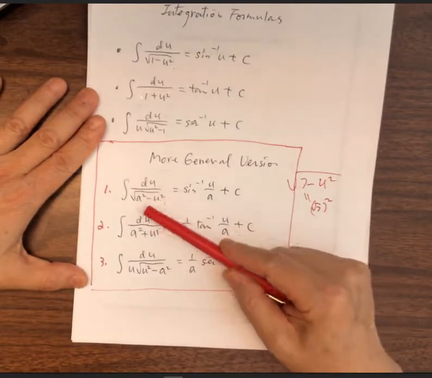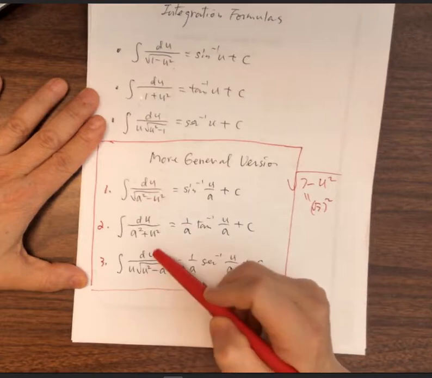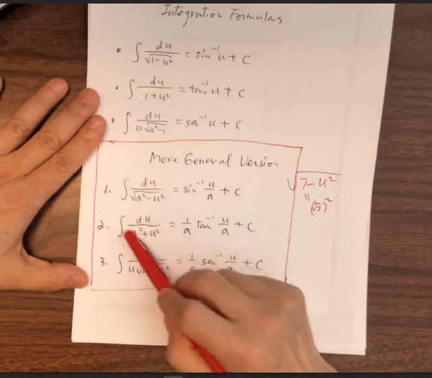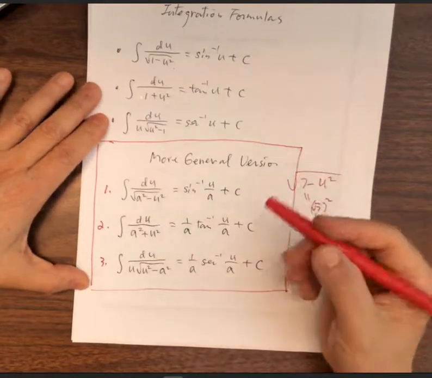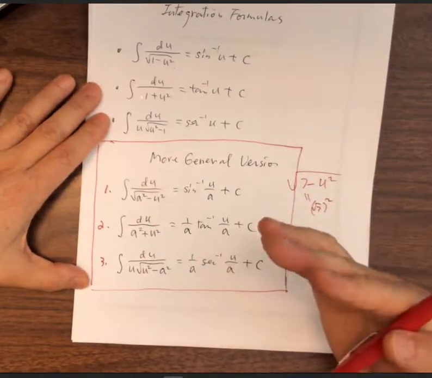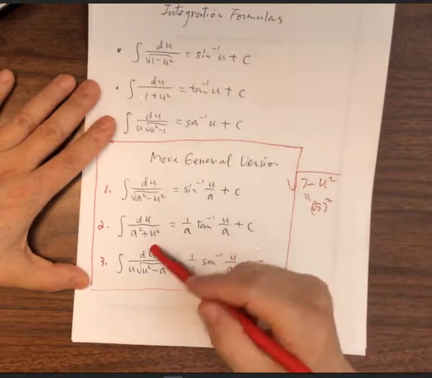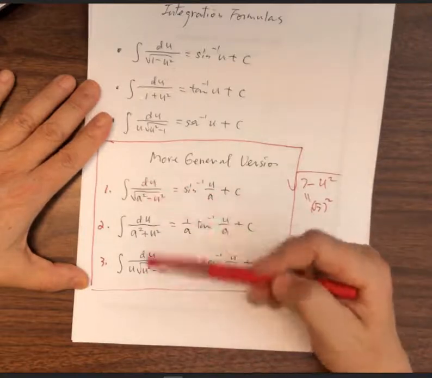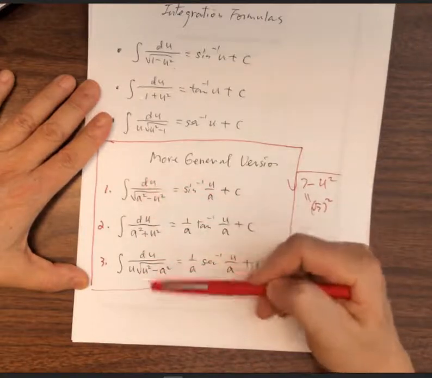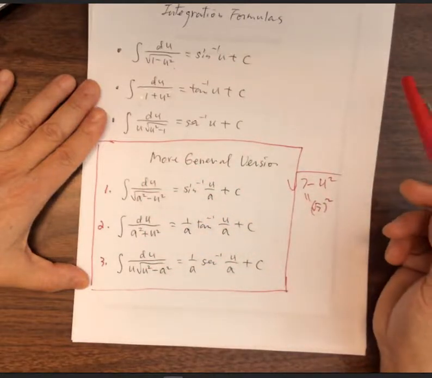Well, the other two, you see minus, you see minus. So that's plus without square root. So what I'm saying is, if you see a function to integrate that doesn't have a square root, most likely you're going to use one of the first or third formula.